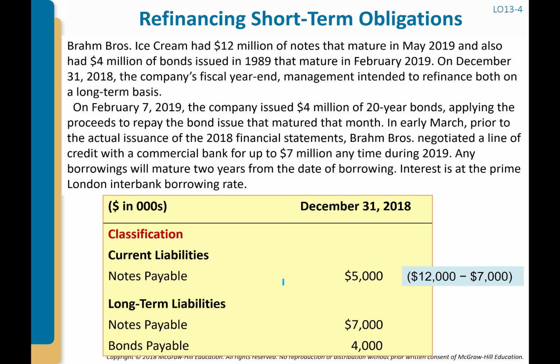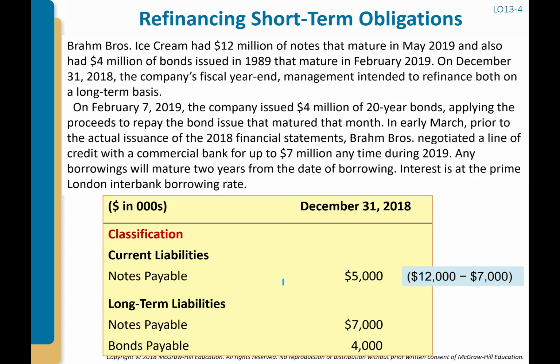Now they tell us that on December 31st, 2018, the company's fiscal year end, management intended to refinance both long-term notes. So at the end of the year, they had intended to refinance them. And in February, they issued $4 million of 20-year bonds, applying the proceeds to repay the bond issue that matured that month. They got $4 million in February, and they refinanced this $4 million here, didn't they?